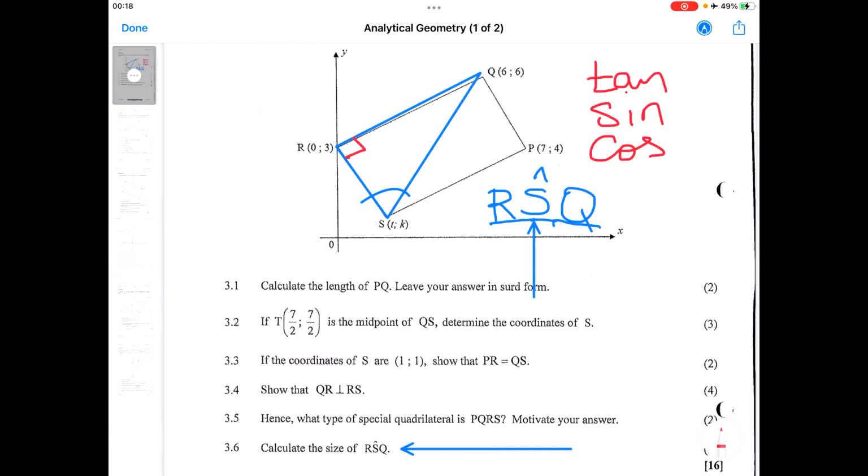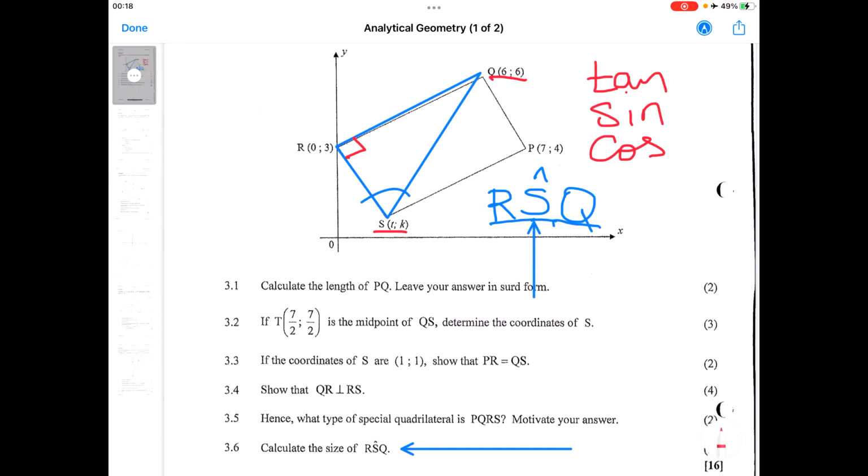You just need two known lengths. I think we did calculate the length of QS. If we did not, then you might need to calculate that.